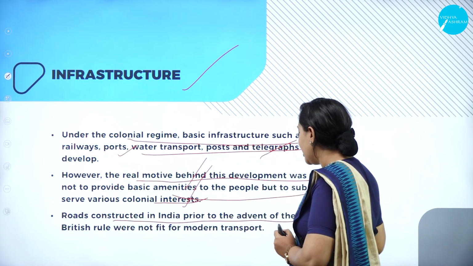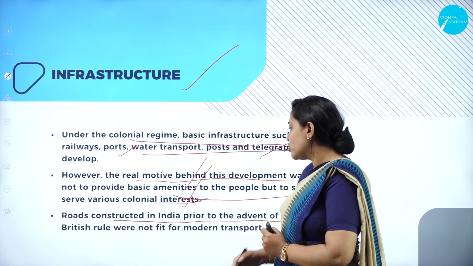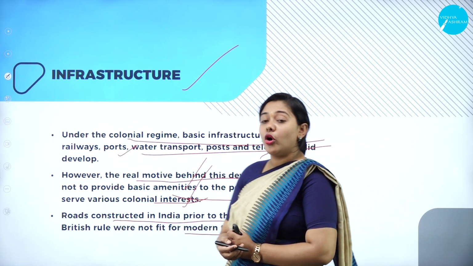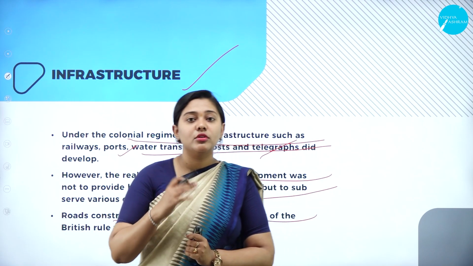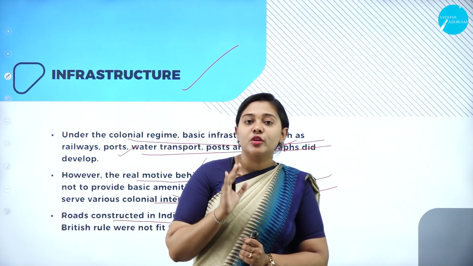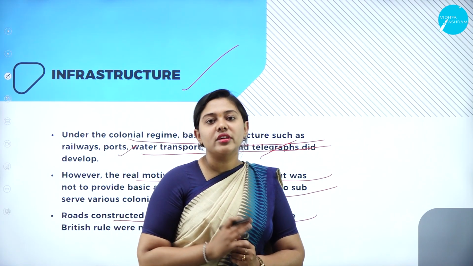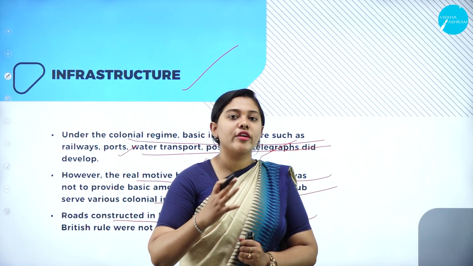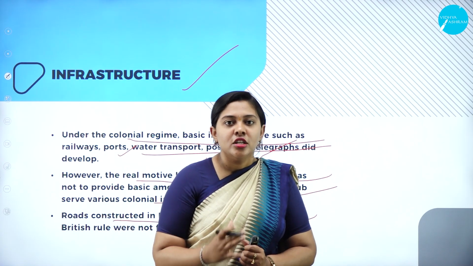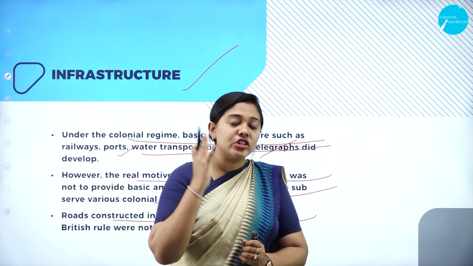Roads constructed in India prior to the advent of British rule were not fit for modern transportation. The roads that were constructed were not at all fitting for modern transportation. So they took up our infrastructure in India for their basic needs, for their development, for their convenience.